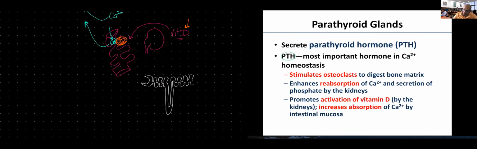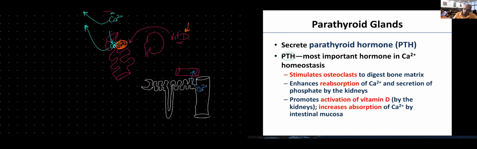This is the functional unit of the kidney. If I got some calcium that is about to get released out in the urine, this calcium is going to be reabsorbed back into my blood vessels to maintain a normal blood calcium level.